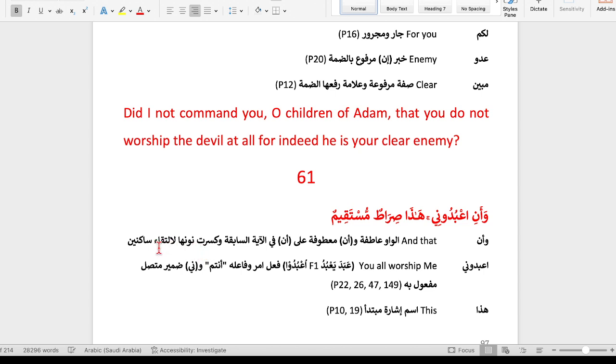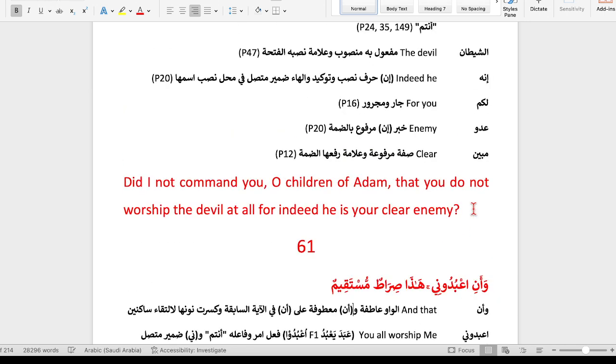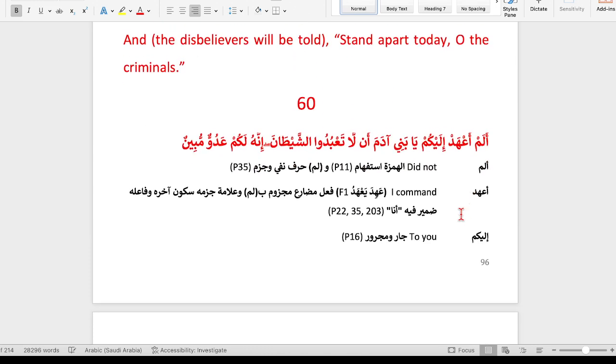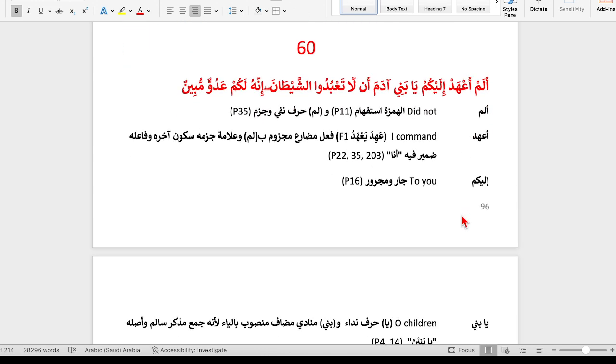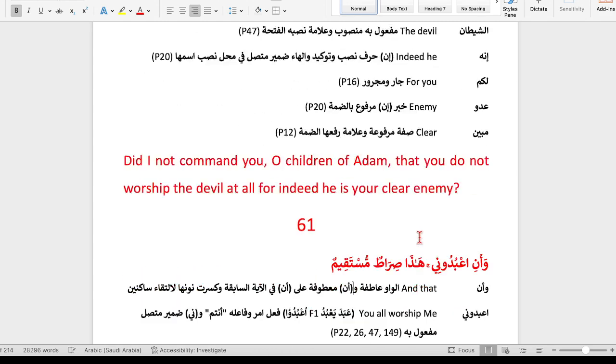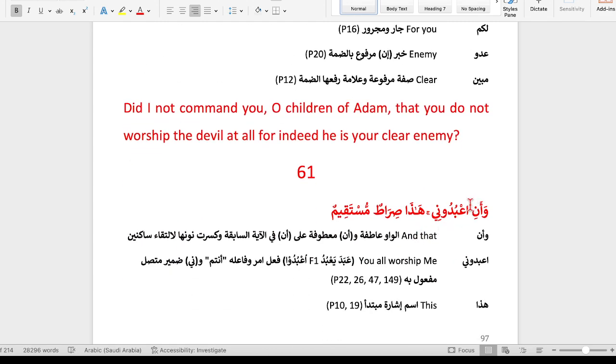Wakasarat nunuha liltika sakinaini. This kasra on the noon is just to connect these two words together, because an has a sukoon here, as you see. An normally has no haraka, it is a jazm.